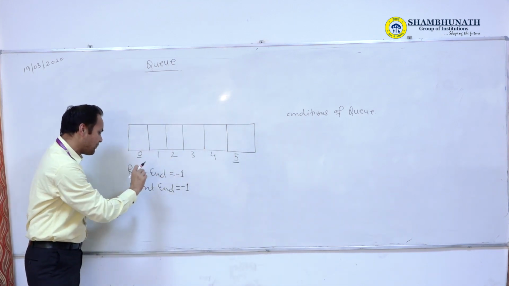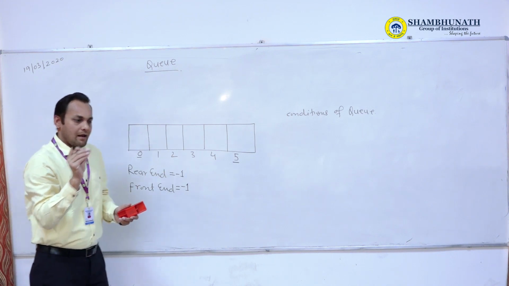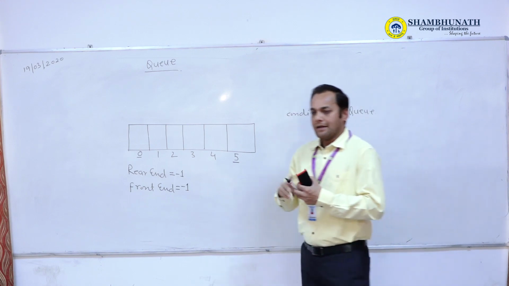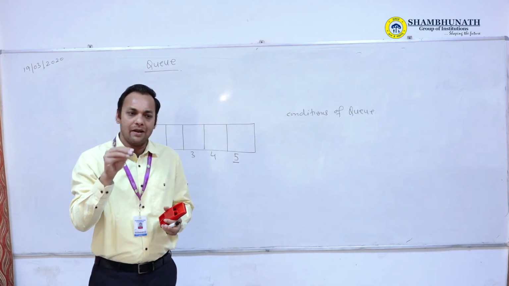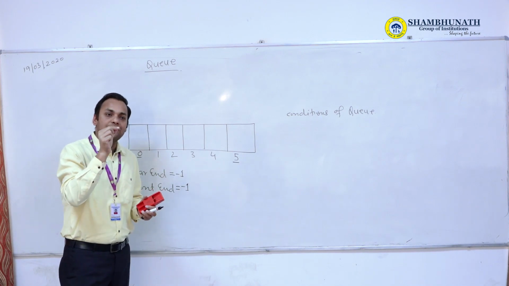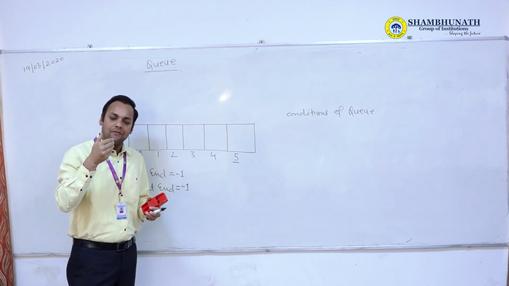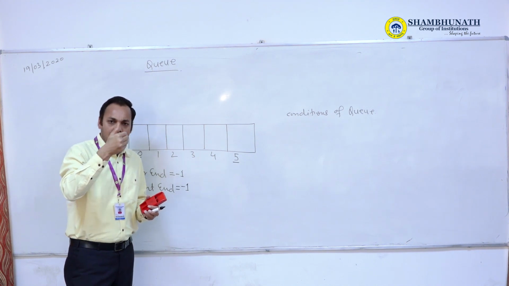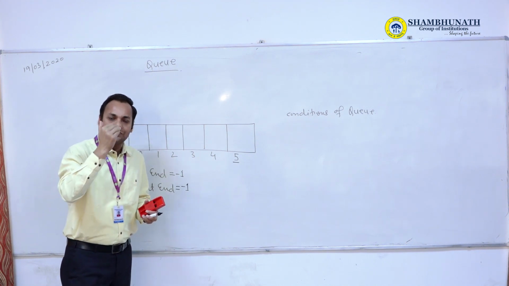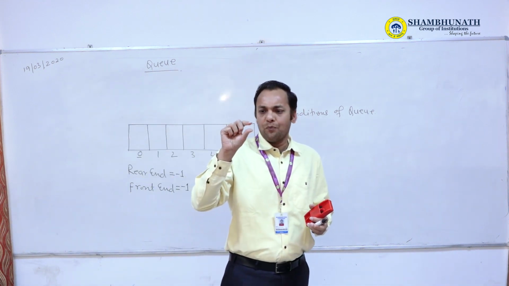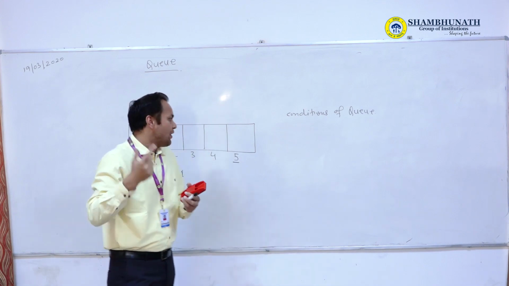Then, in changing the position of front and rear, we know very well that in the case of a stack, data may be pushed or popped at only one end of the stack. That end is known as the top. If we push an element into the stack, the top will increase by 1, and if we pop an element from the stack, the top will decrease by 1.